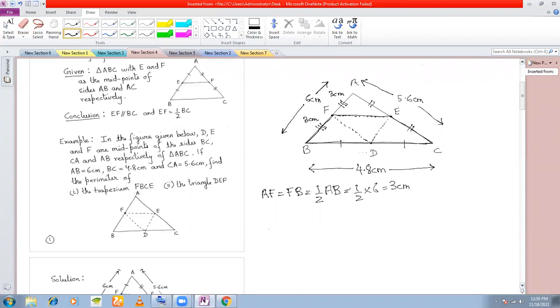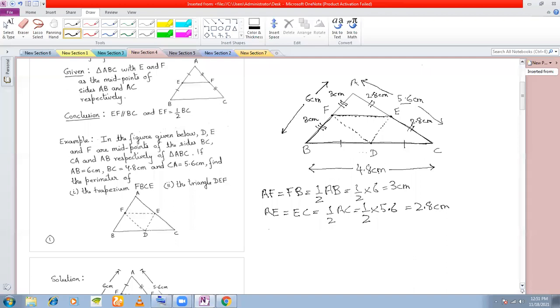Next, if this length AC is 5.6, this must be how much? 5.6 divided by 2, which is 2.8 centimeters. And this is 2.8 centimeters. So AE is equal to EC is equal to half of AC, which is half of 5.6, which is equal to 2.8 centimeters.